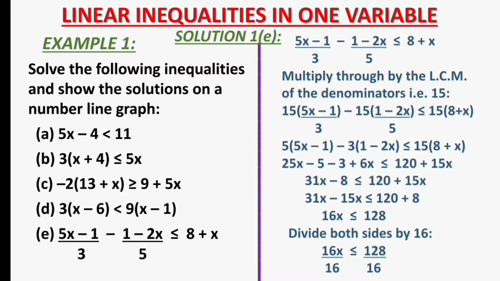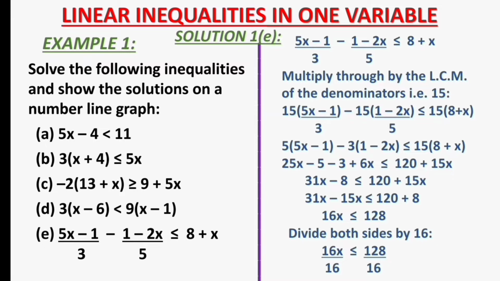So multiplying the inequality by 15, we're going to have 15 multiplying (5x - 1)/3 minus 15 multiplying (1 - 2x)/5 is less than or equal to 15 multiplying (8 + x). When we multiply through this way with the LCM of denominators, we are going to remove the denominators.